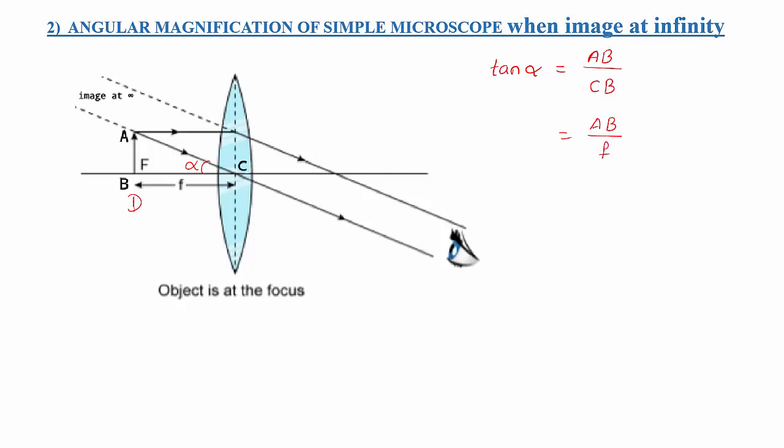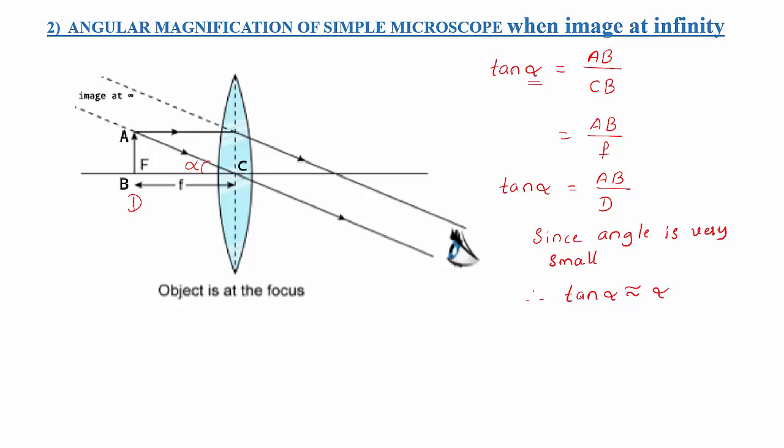But remember, whenever you are going to find the value of alpha, the object should be at the least distance. So instead of the focal length, we can write it as capital D. So this is the value of tan alpha: tan alpha equals AB divided by D. Since the angle is very small, we can neglect the trigonometric function, and tan alpha can be written as alpha.